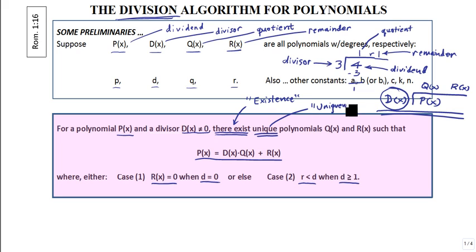So these are the two terms that we need to pay attention to and also treat in our proof. I didn't mention up here that there are other constants apart from the degrees of the polynomial divisor, quotient, or the remainder, that we will make use of some of these symbols, like, for example, a sub i or b sub i, c, k, n. All of those are constants.